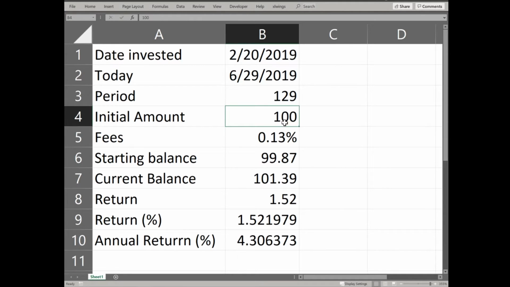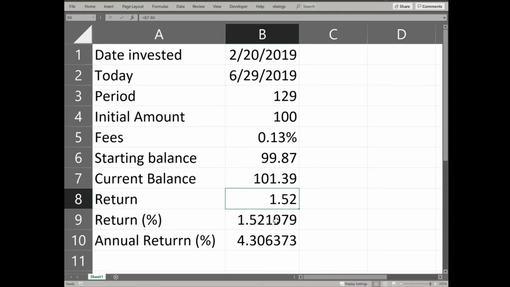Initially, there was a fee of 0.13%, so the starting balance is estimated at 99.87 pesos. I'm not sure of the exact amount, but based on the computation, this should be close to this amount. Currently, the reflected value of my investment is 101.39 pesos, so I have earned so far 1.52 pesos.